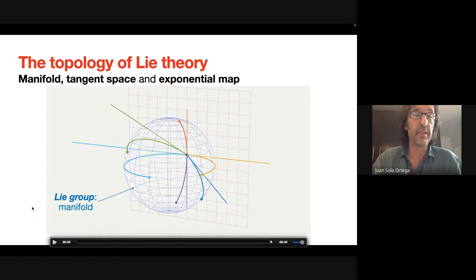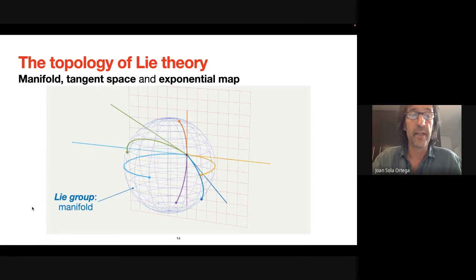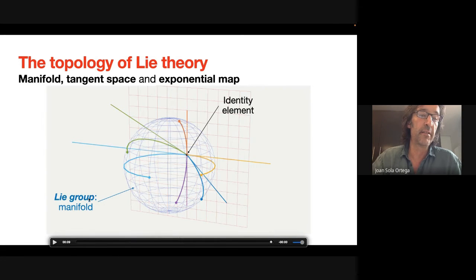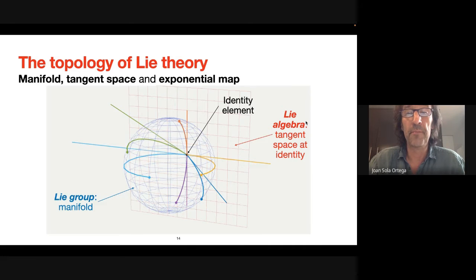So the manifold is this blue sphere. The identity element is a particular point in this blue sphere. So if this is the manifold of rotation matrices, which are all living in this space, this point here is the identity matrix. We can put a linear space, which is flat, tangent to this point.